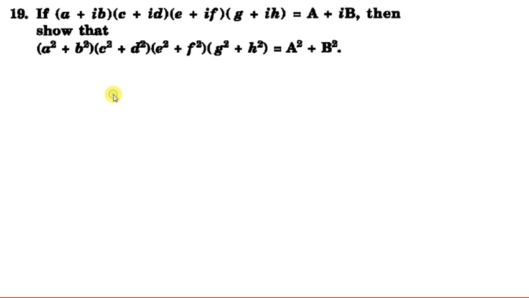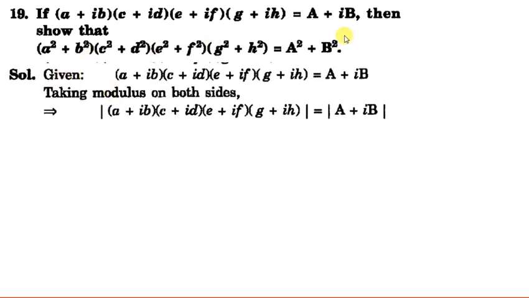Here we can take the modulus of both the sides of the given equation, and these are the complex numbers, so we can use the property of modulus of complex numbers, that modulus of z1 z2 z3 z4 equal to modulus z1 into modulus z2 into modulus z3 into modulus z4.